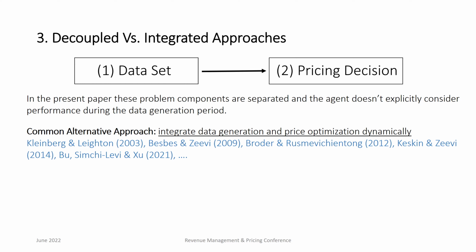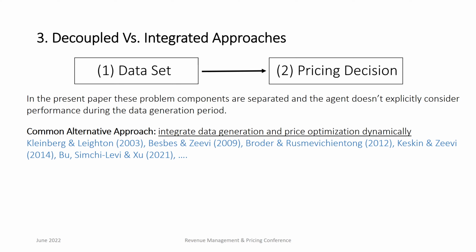So a common approach that is an alternative to this decoupled problem formulation is one that integrates the generation of data and the price optimization dynamically through sequential optimization. This is the literature about exploration and exploitation trade-off, or the learning and earning trade-off.